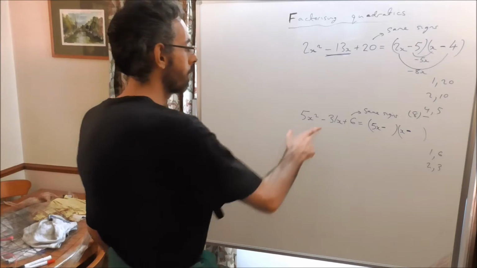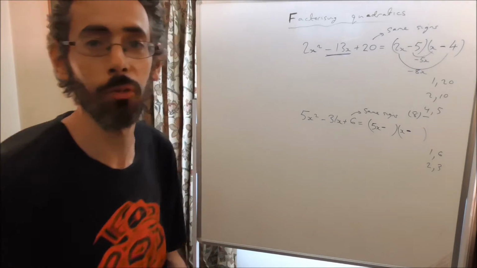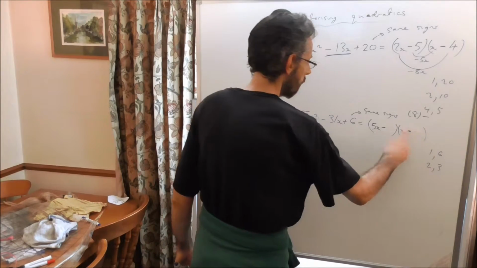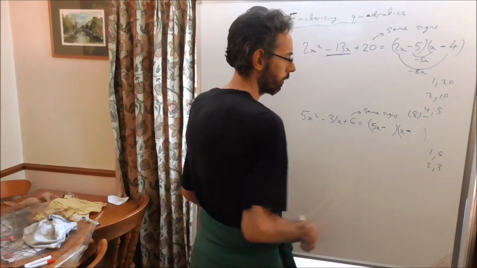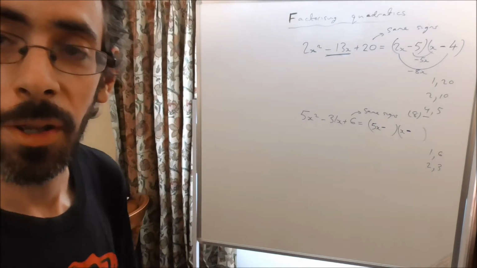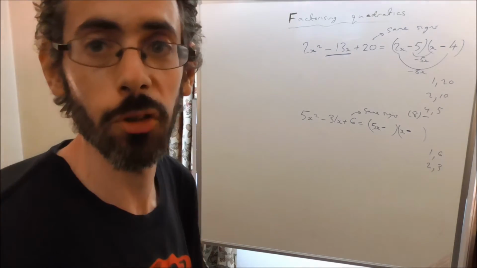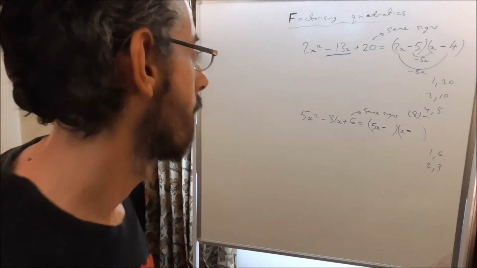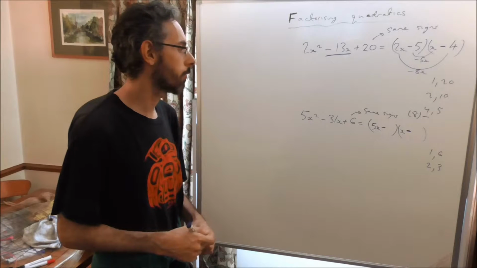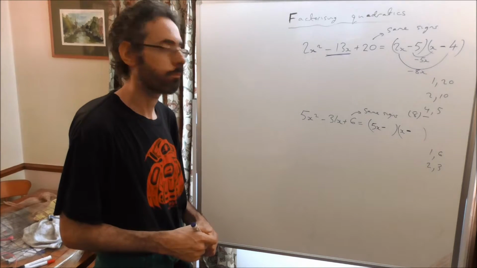Remember, if the signs are the same, it's the total we're interested in, not the difference. But whichever number we put here would be effectively multiplied by 5 if you were to expand the brackets. So we're actually looking for a pair of numbers with a total of 31 when one of the numbers is multiplied by 5. So which pair, when you multiply one of the numbers by 5, has a total of 31?